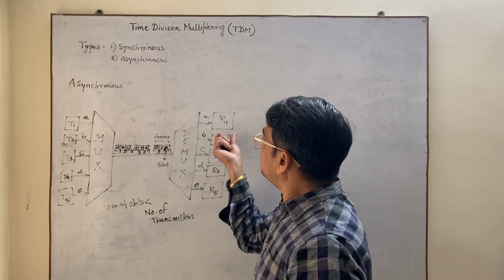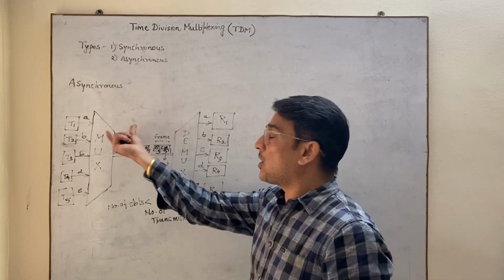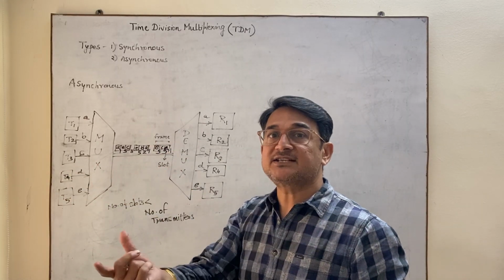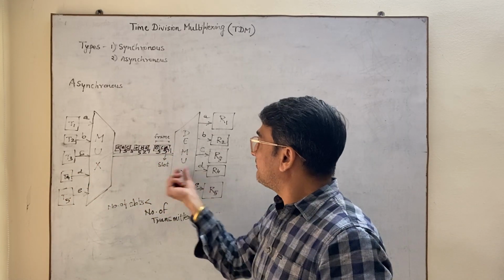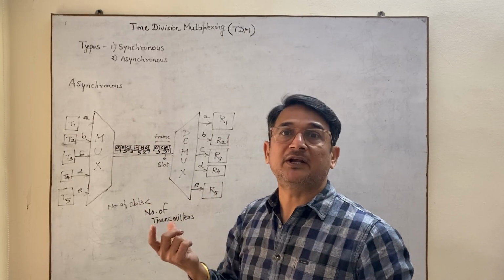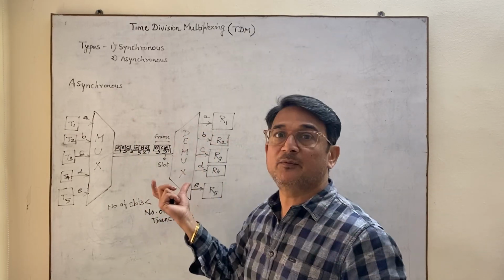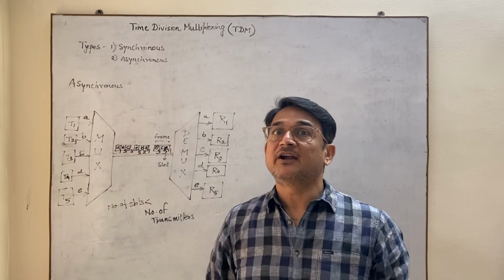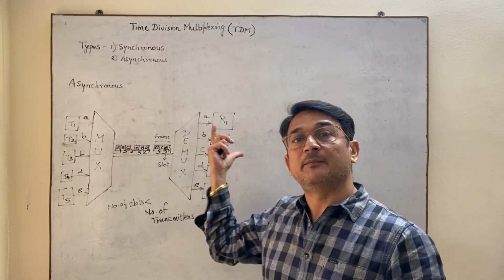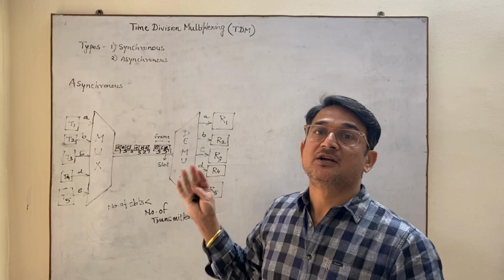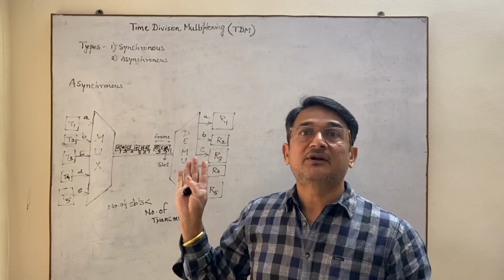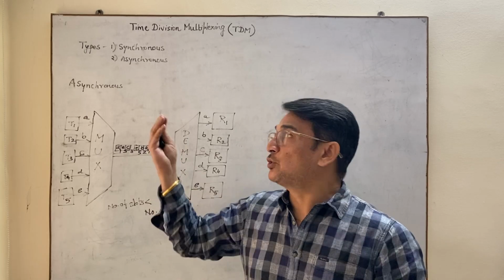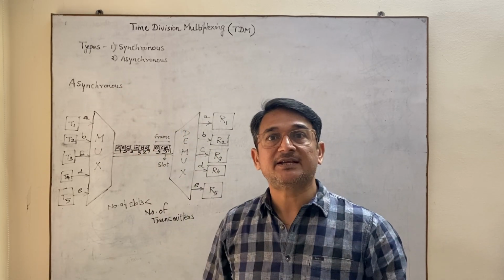When the first frame arrives, receiver 1 will check all the slots, and in whichever slot it finds an address match, it will retrieve the data from that slot. This process is followed by every receiver, and this way all the data is received by all the receivers. So this is how time division multiplexing works, both synchronous as well as asynchronous.